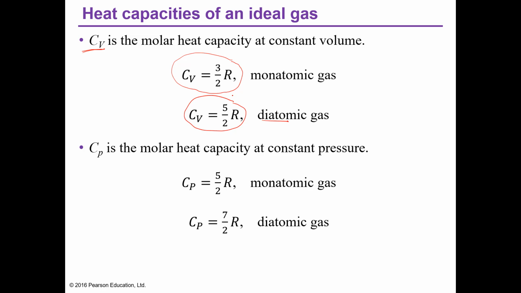Now, we will talk about CP. CP means molar heat capacity at constant pressure. So what will be the value of the CP, the molar heat capacity at constant pressure? For monatomic gas, this is equal to 5 halves R, and for diatomic gas, CP is equal to 7 halves R. Why?